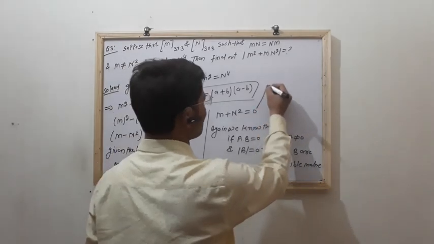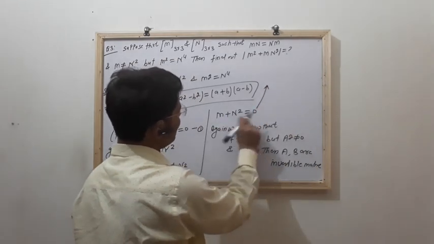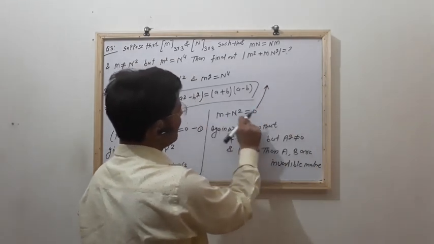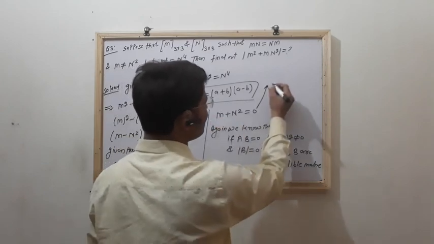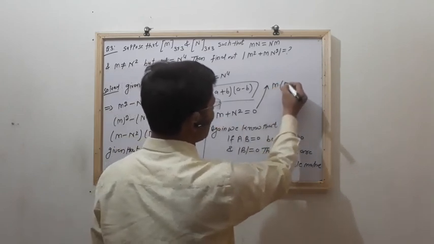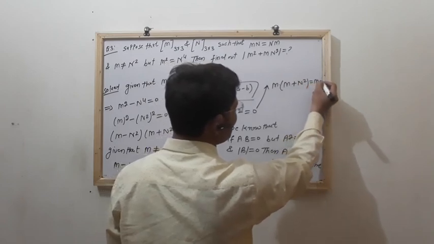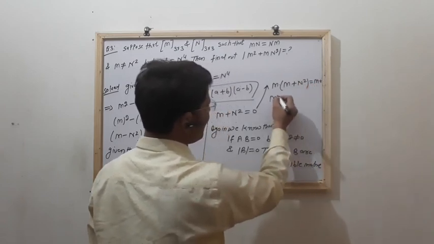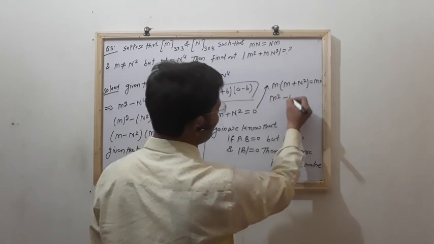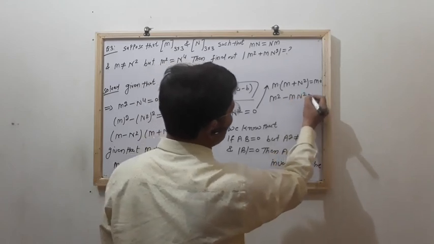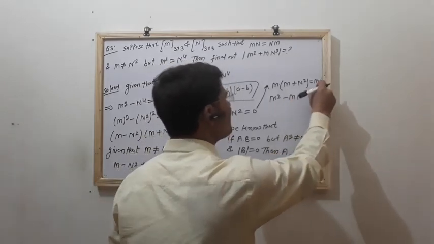So multiplying both sides with matrix M, this becomes M into M plus N square is equal to M into 0, means that M square plus M N square is equal to 0 matrix.